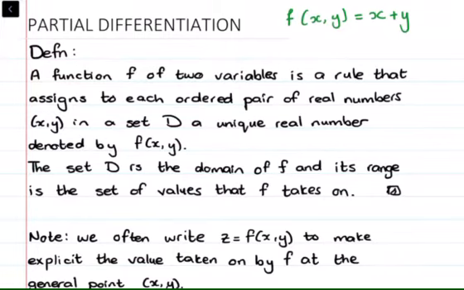So let's say that f of x, y represents the function that calculates the monthly premium of a certain insurance, where x represents the age and y represents the gender. Obviously, there are other factors that are taken into account. These are the type of functions that we will be looking at.